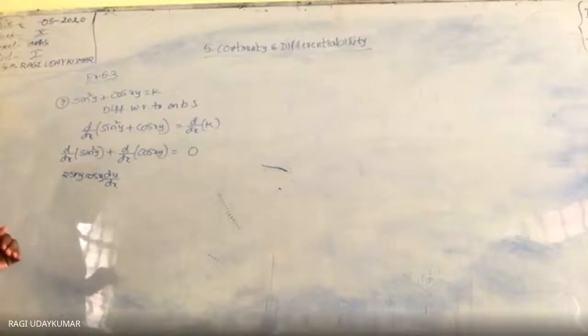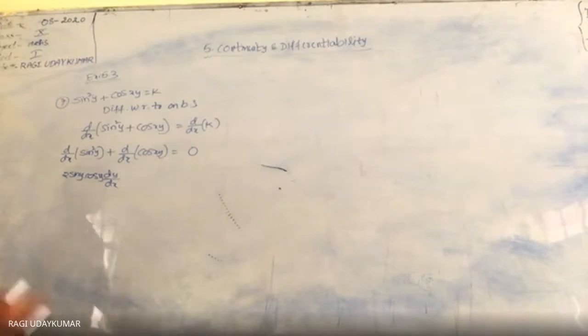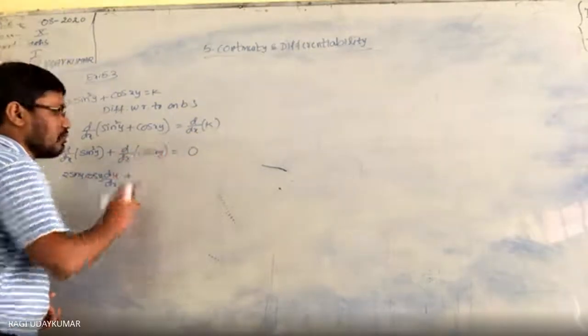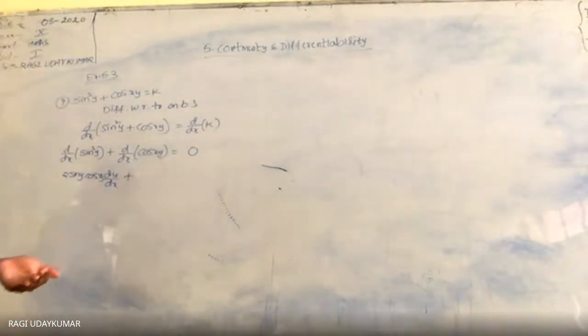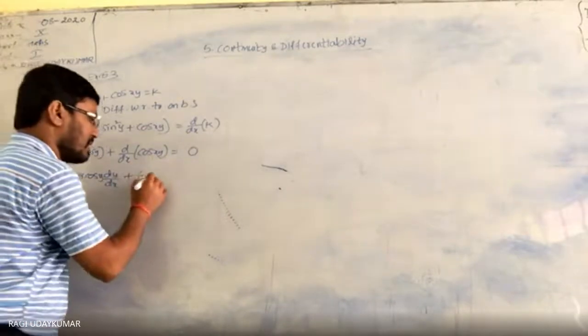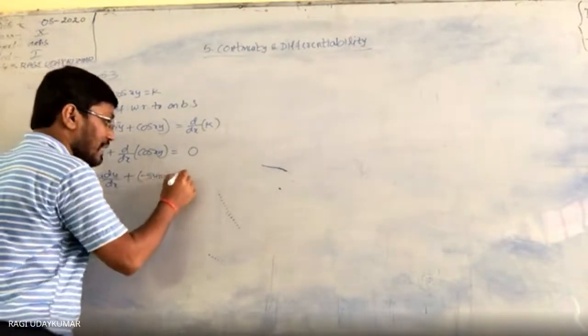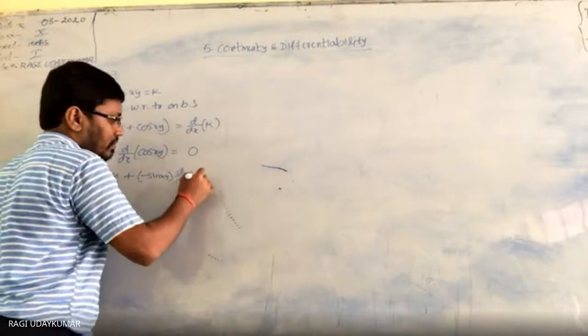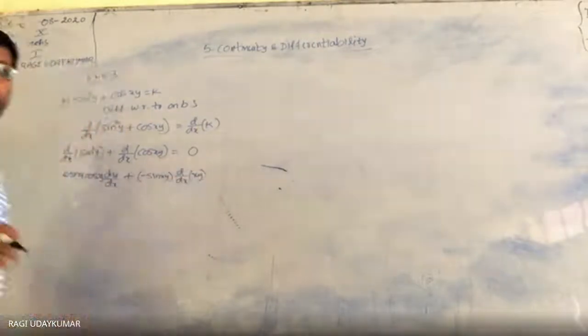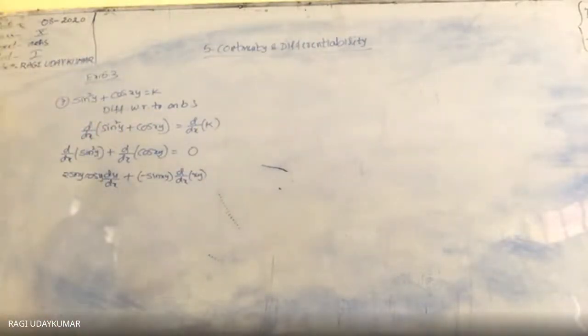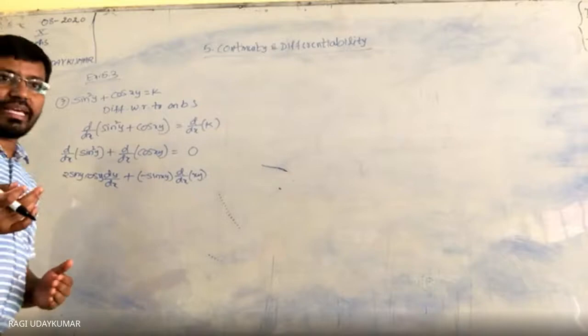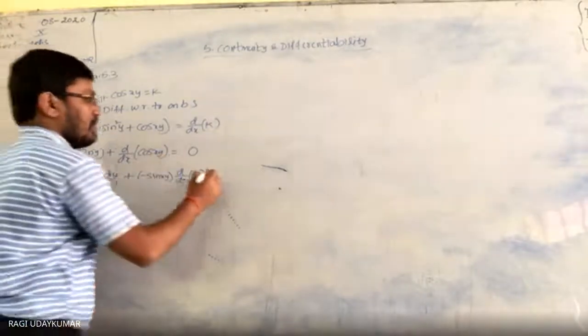This part you should understand here. The next thing is plus cos xy. The differentiation of cos xy is minus sin xy times d by dx of xy. d by dx of xy means you have to apply the UV rule, the product rule, in this case. So it is equal to 0.